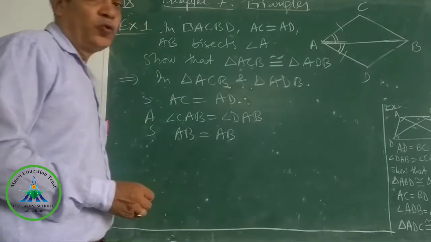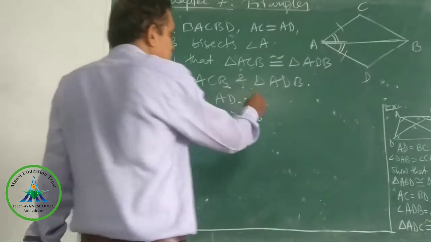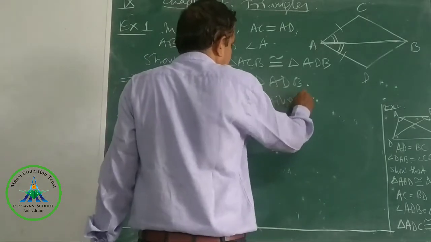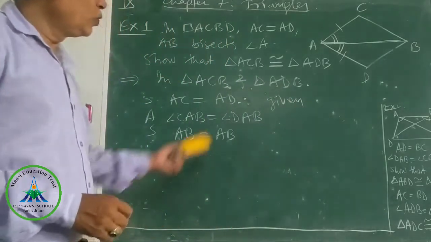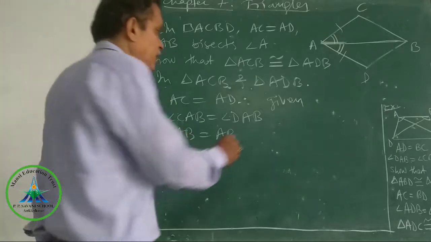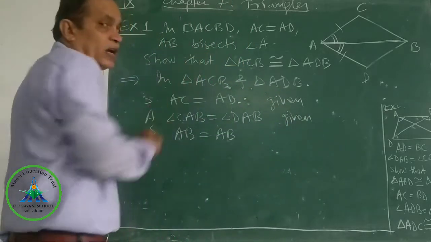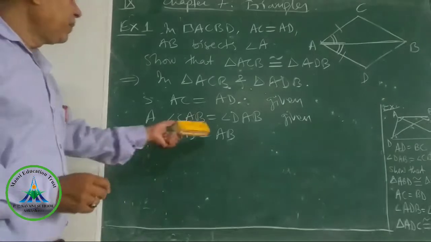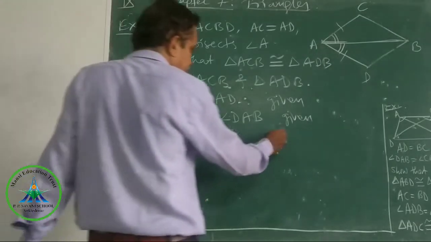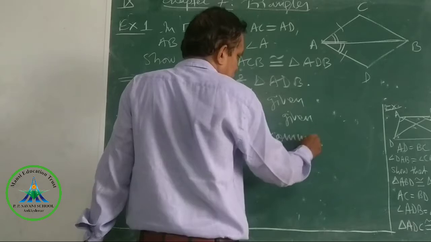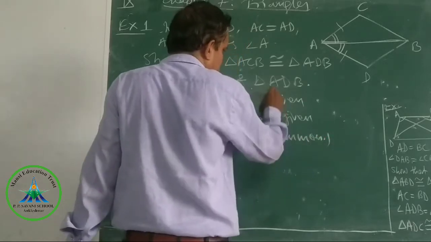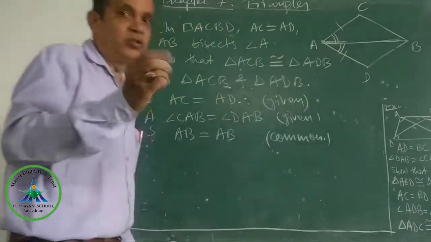AC equal to AD given. CAB equal to DAB given, because it is given AB bisects angle A. AB equal to AB common. These supports are compulsory to give.